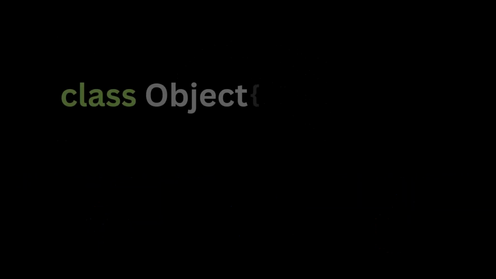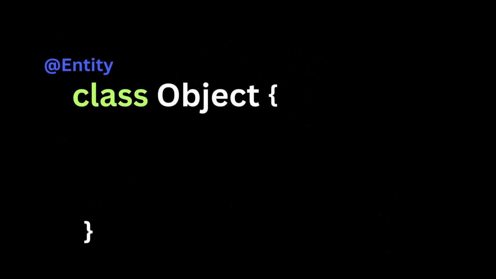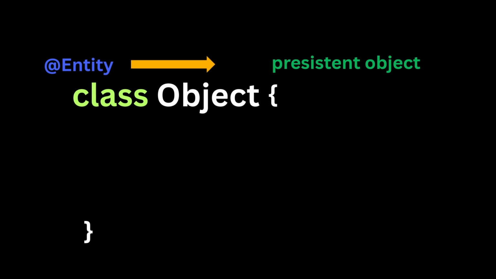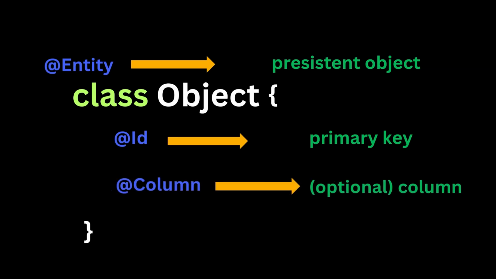Entity. The class must be marked with the entity annotation to signal that it's a persistent object. ID. The class must have a field that acts as a primary key. This field is marked with the ID annotation. Column. Optional, but by default, Hibernate considers each parameter of your class as a column in the database.